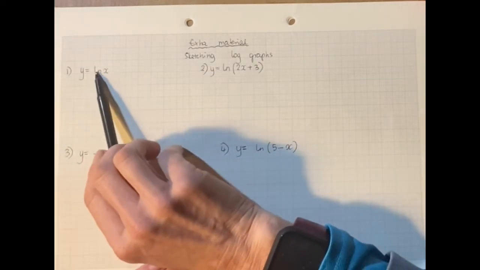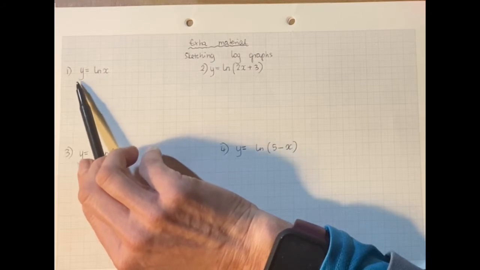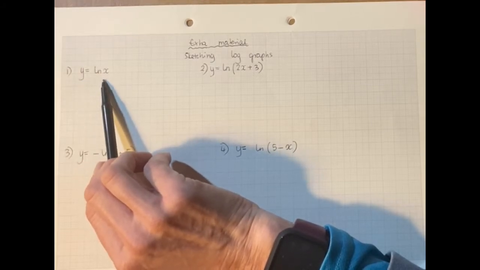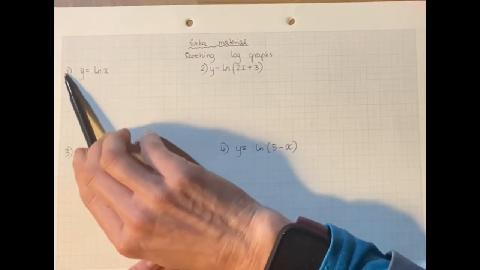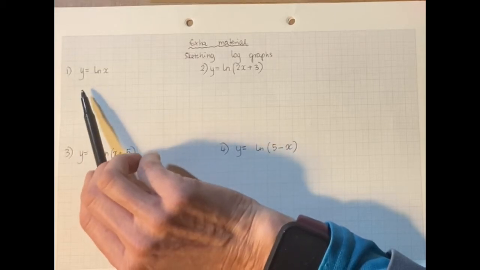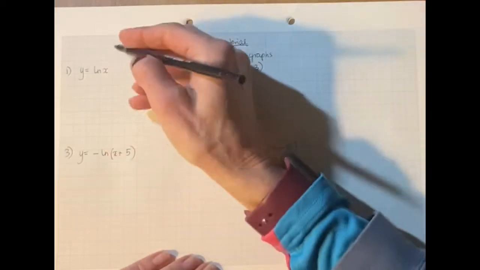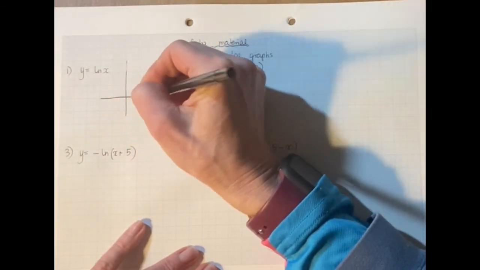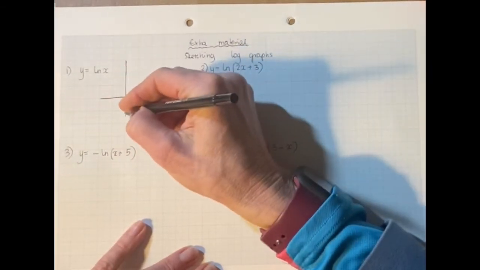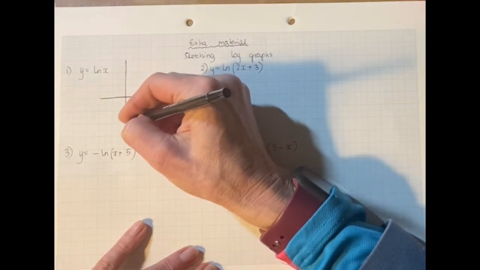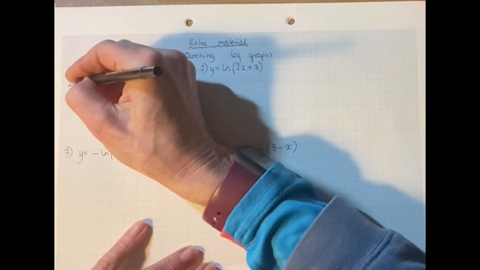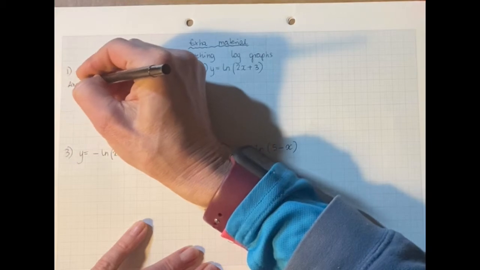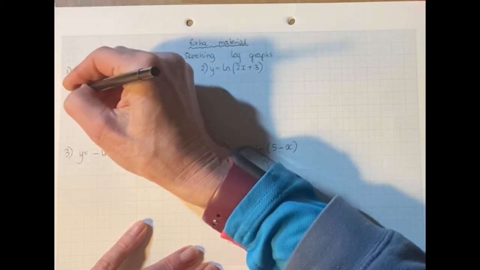So you should be able to sketch y equals natural log of x. This should be an automatic reaction from you. So first of all, you need to realize that natural logarithm has got one asymptote. So asymptote is when x is equal to 0.